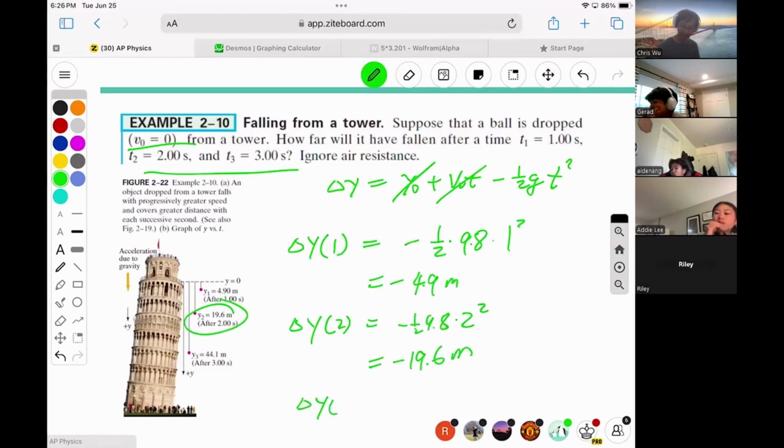And in 3 seconds, you're going to drop 44. You can see that it's ramping up quite quickly: 4.9 to 19.6 to 44. Three seconds later, you've dropped about 44 meters, a lot. 44 meters is like 12 to 13 stories high, a pretty high building. So if it takes you 3 seconds to fall, you're dead.